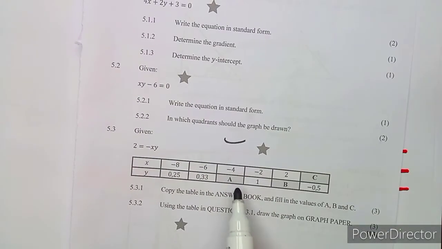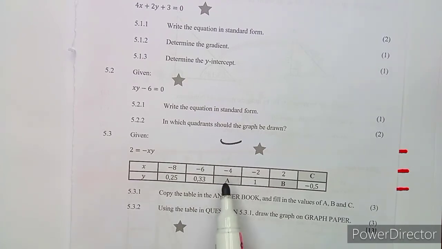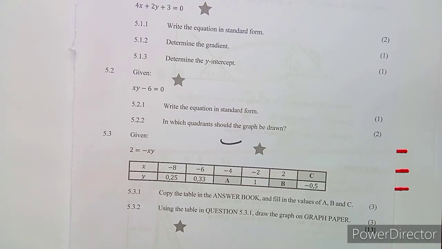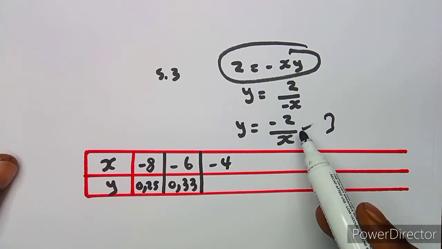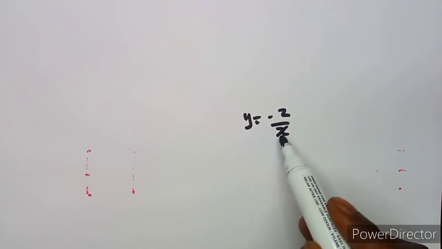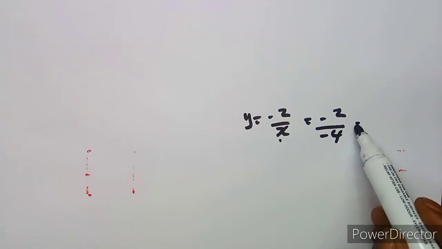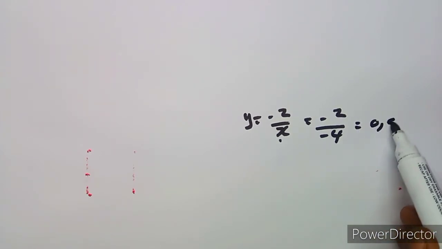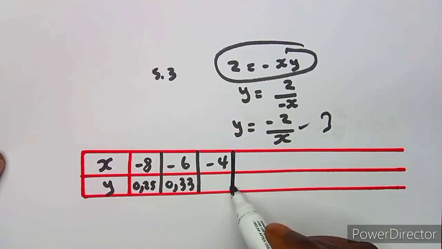Here x is minus 4, so what is going to be the value of y? You can substitute in either of these equations. Since we have this one, minus 2 over x, with x as minus 4, it's minus 2 over minus 4, which is going to give us 0.5. That's a half, which is 0.5.